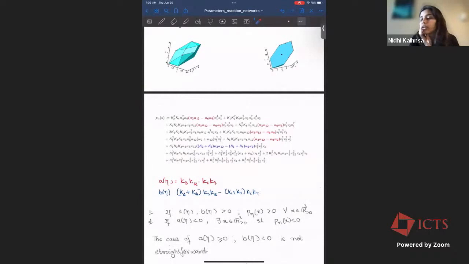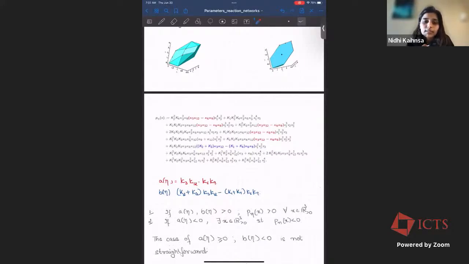We don't care about the convex hull, just any vertex. If any vertex has a negative coefficient, we are done. And here we are just lucky that we get 4 of them. But the case which is non-trivial is when A eta is nonnegative but B eta is negative.